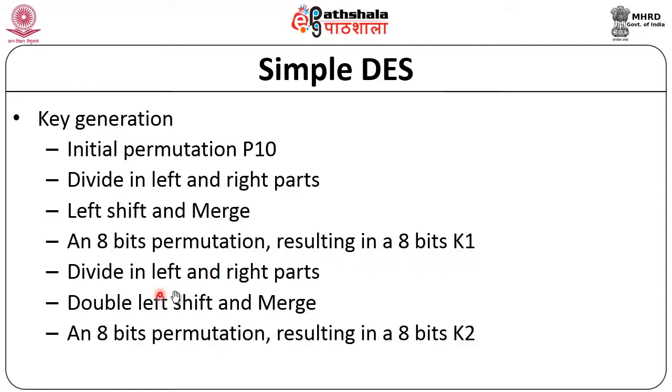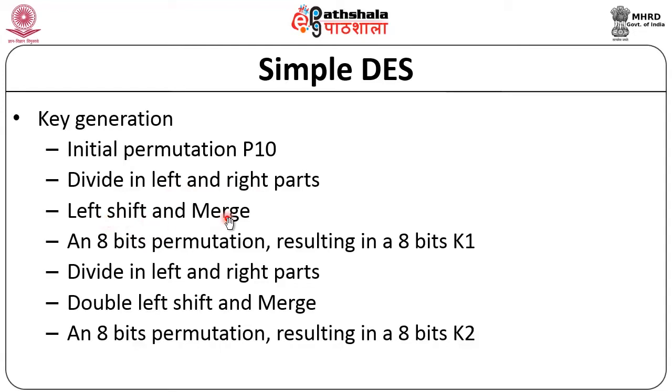This step is used for key generation in simplified DES, where the key size is 10, so we do the permutation with a table of 10 bits and divide into right and left.